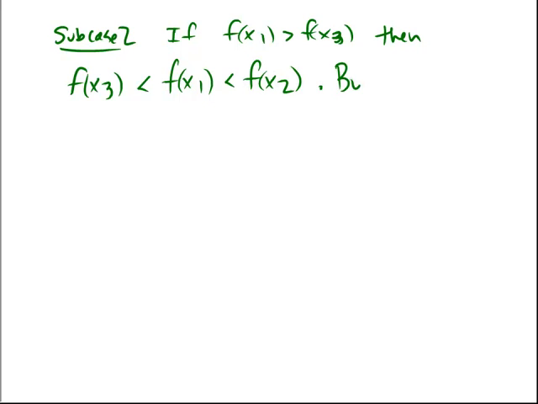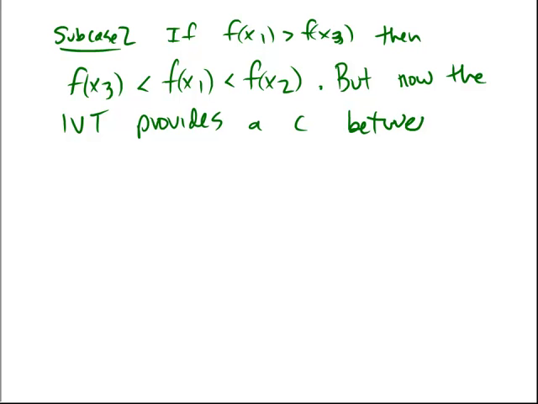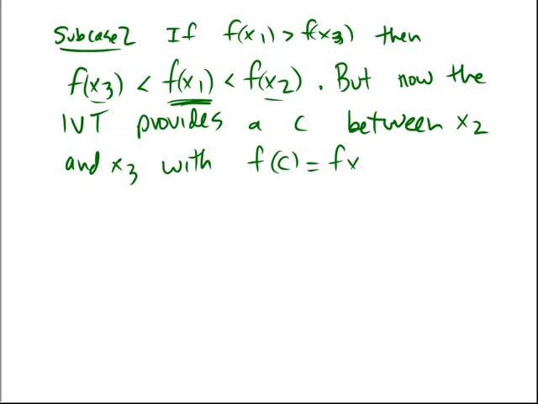But what does the IVT give us now? The Intermediate Value Theorem provides a c between x2 and x3, with f of c being equal to the value in the middle, f of x1.